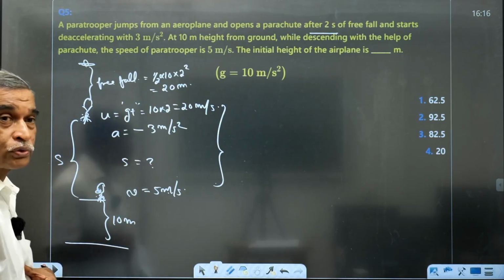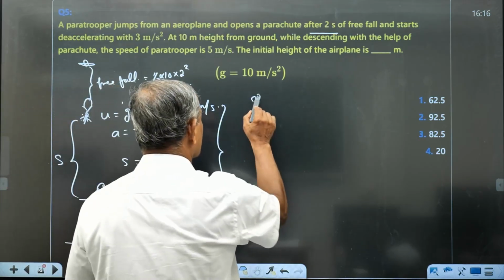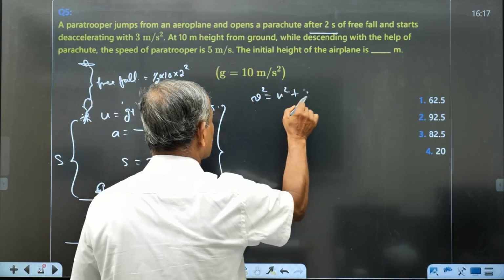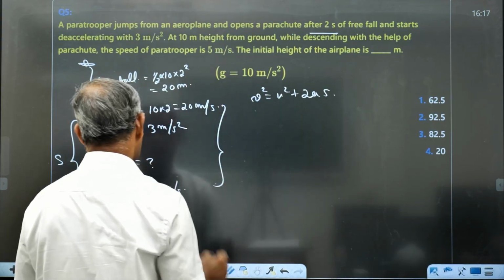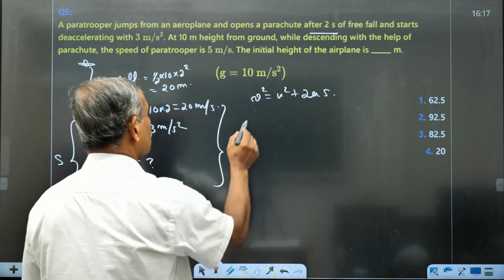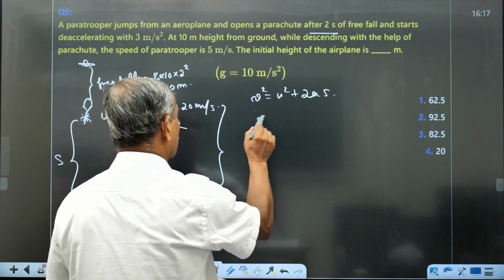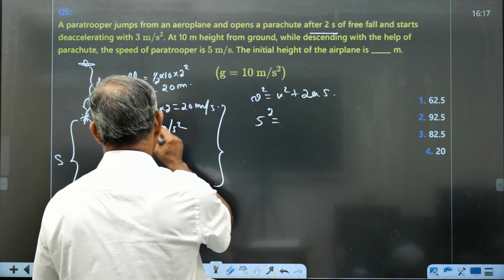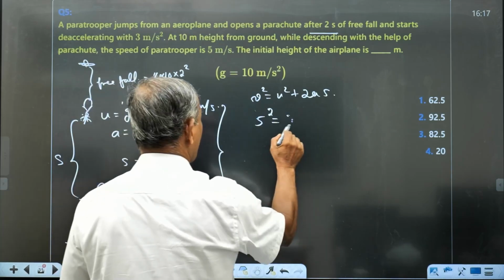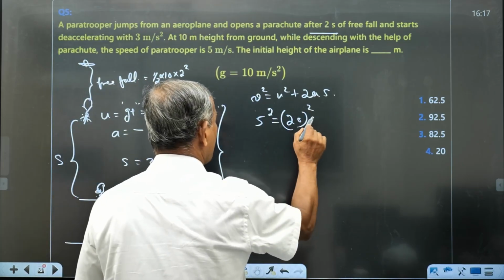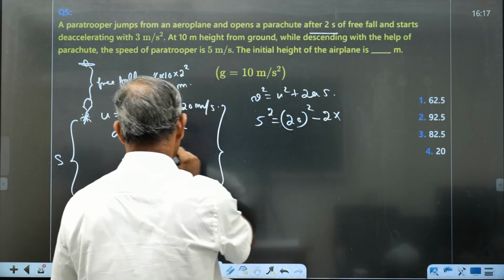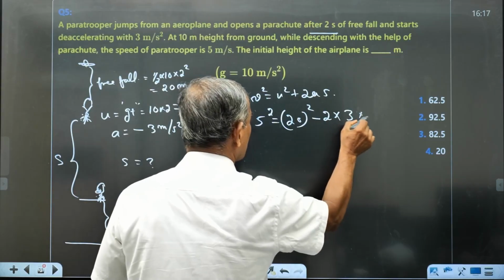Now v squared is equal to u squared plus 2as. Write down here: v squared, 5 squared, is equal to u squared, 20 squared, minus 2 into 3 into s.